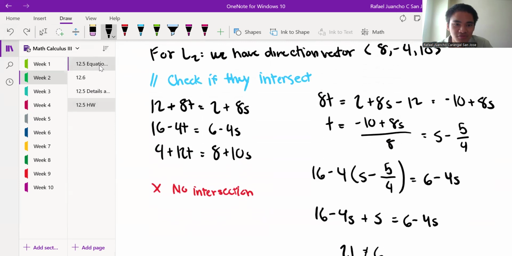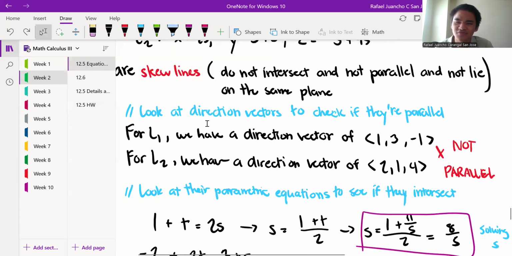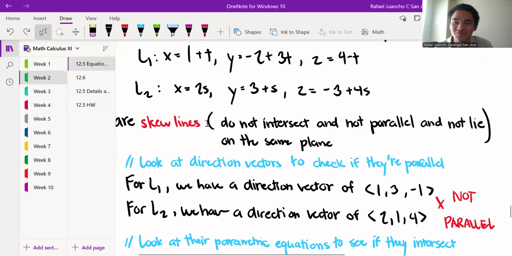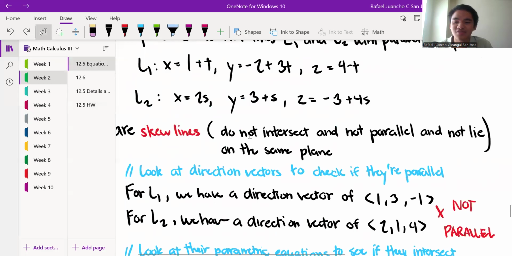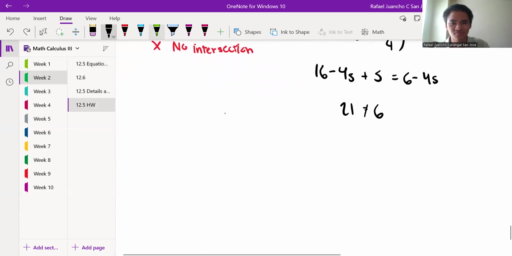Now, what do we mean by skew? We actually defined that in a video that I did about this a couple of days ago. Skew lines, basically, they don't intersect and they're not parallel. And if they're not both of those, then they don't lie on the same plane. They're in different planes. And so if they're in different planes, then they're skew lines.